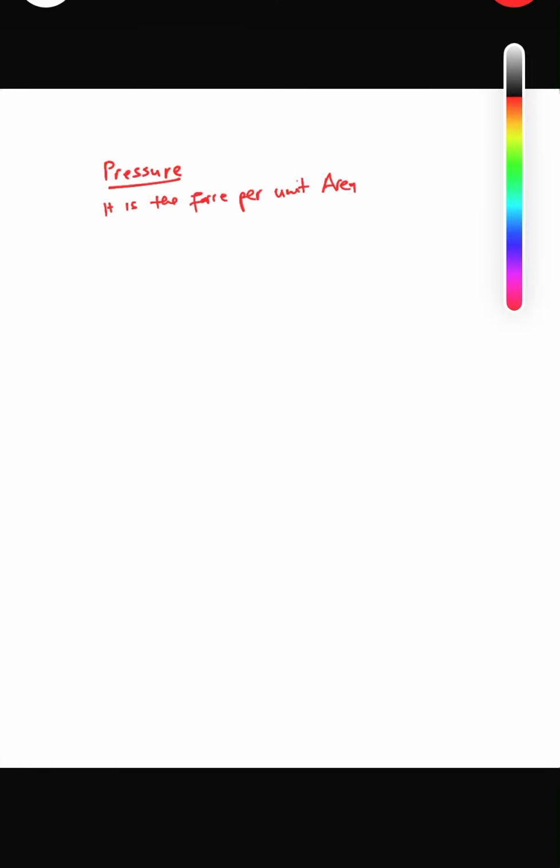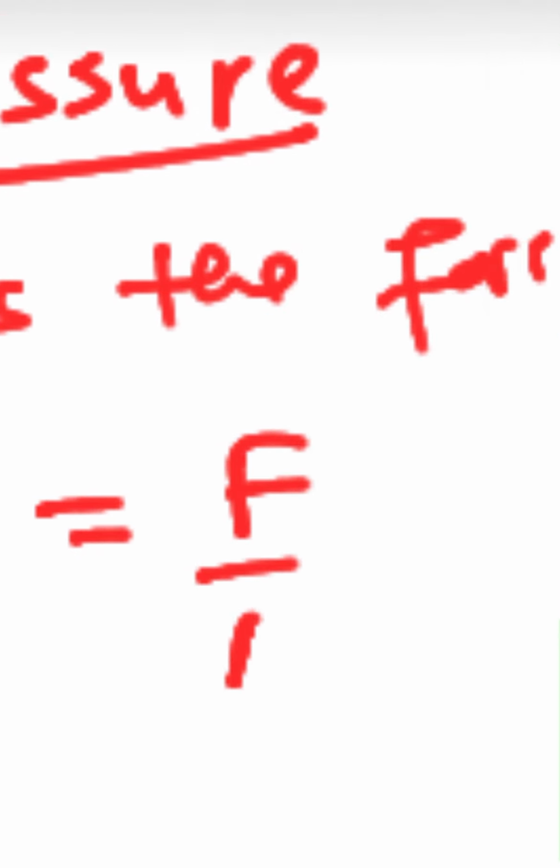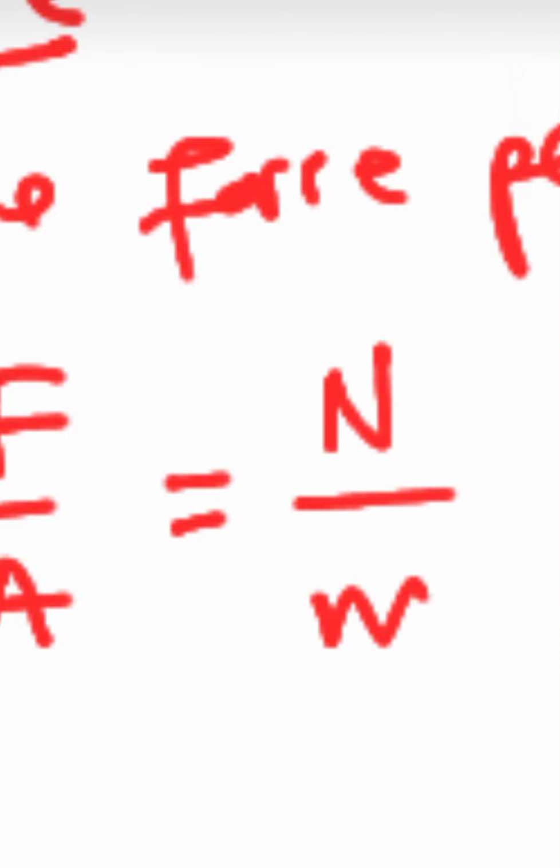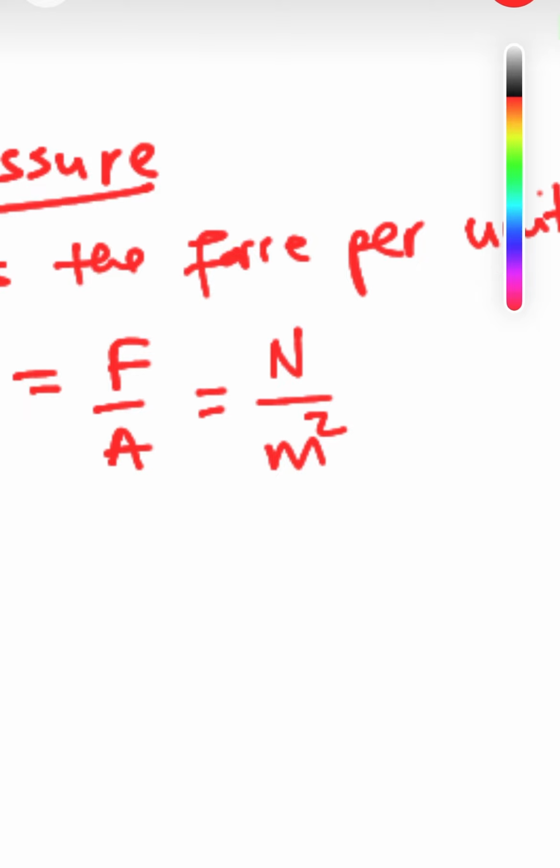Okay, that's fine. So what are we saying? If we are going to express it as a formula, we'll say that it is F over A, meaning that if we are going to look for units, we would say newtons over square meters, because the force is in newtons and the area is in square meters.